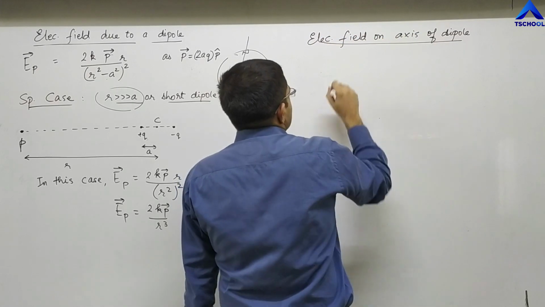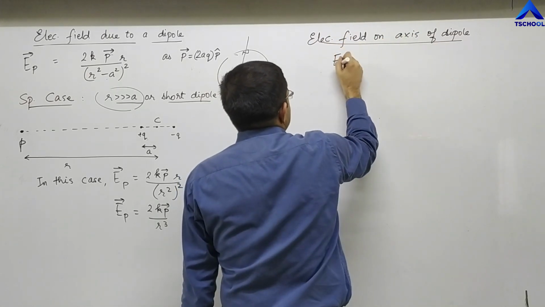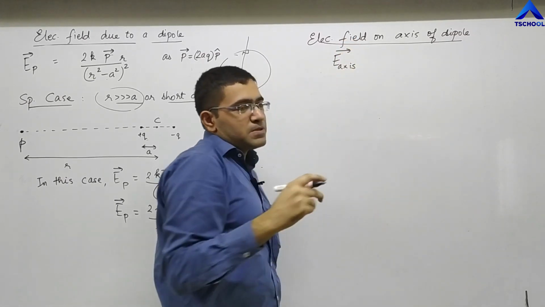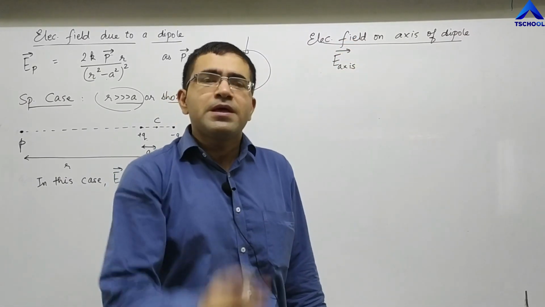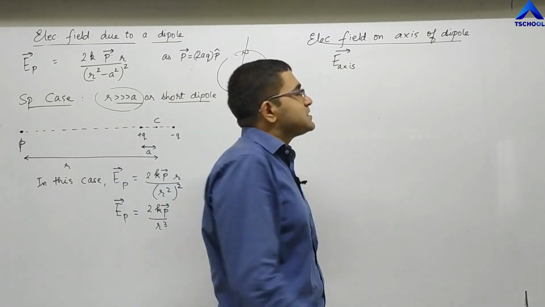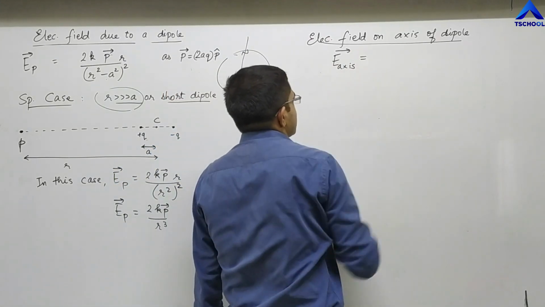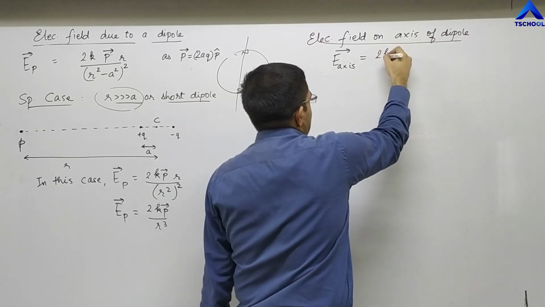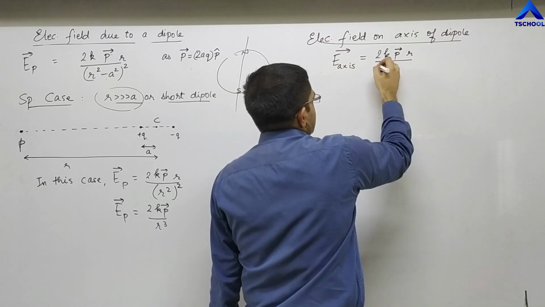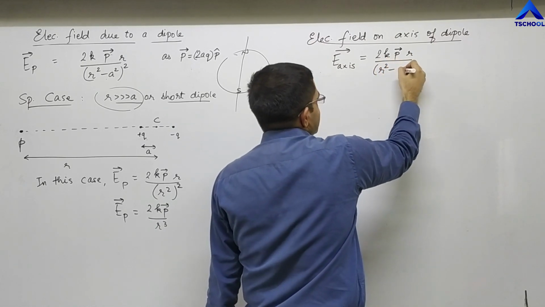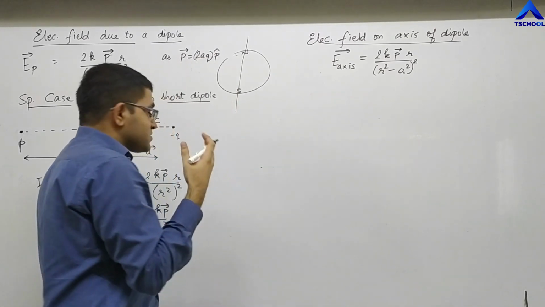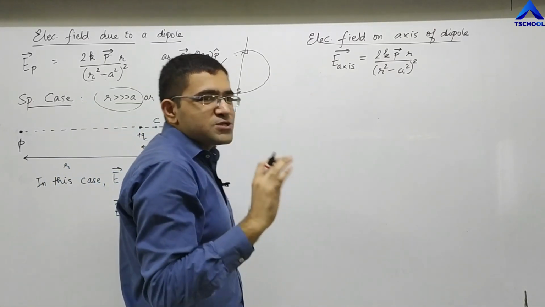And the general formula is E on axis. I'm not writing P anymore because that point P could be anywhere. It creates confusion. It's better that we write electric field on the axis. So electric field on axis of dipole is 2k P vector R divided by R square minus A square the whole square. So that's what we have as the general formula.